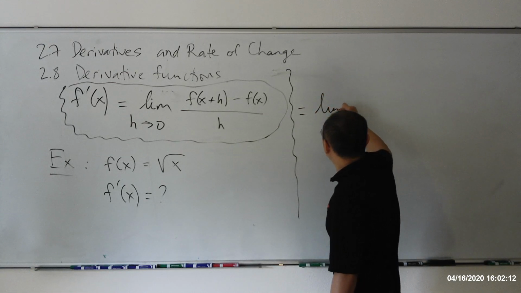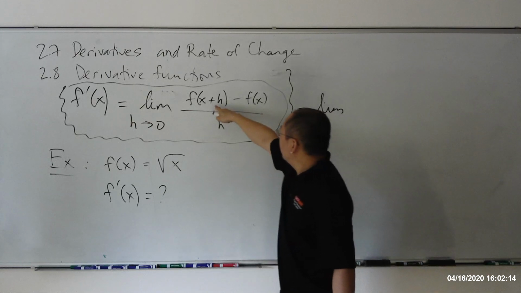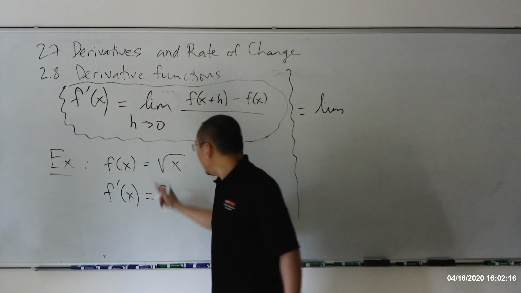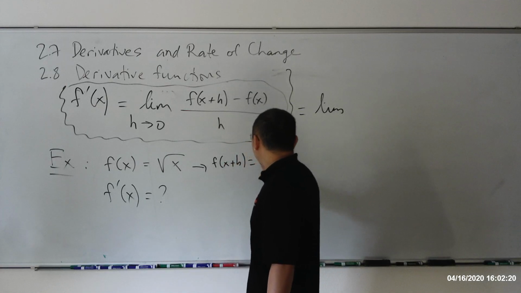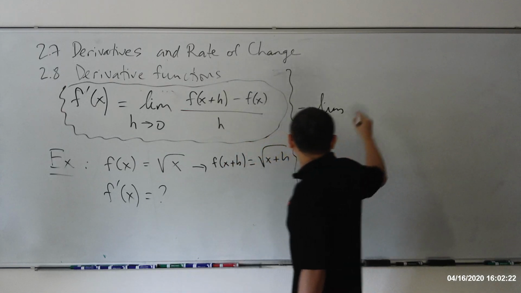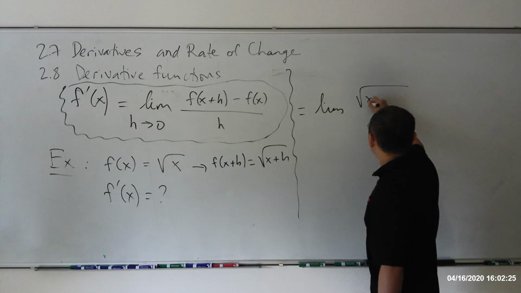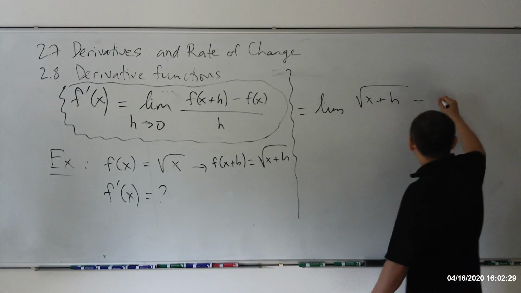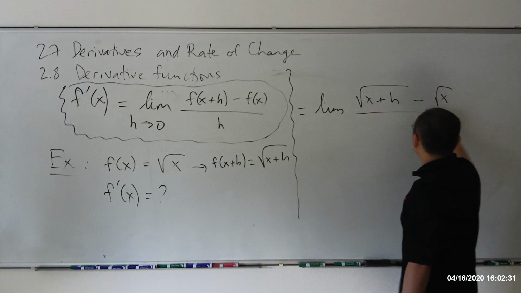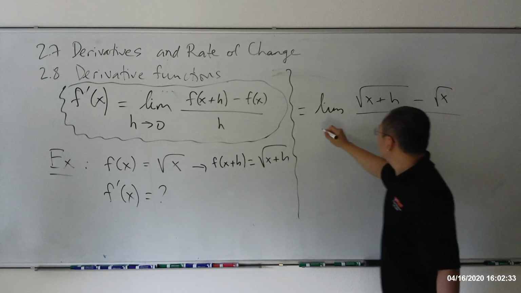This is the limit. What is f of x plus h? F of x is this, so f of x plus h is square root of x plus h, right? So square root of x plus h minus f of x, which is square root of x, all over h, with h approaches 0.